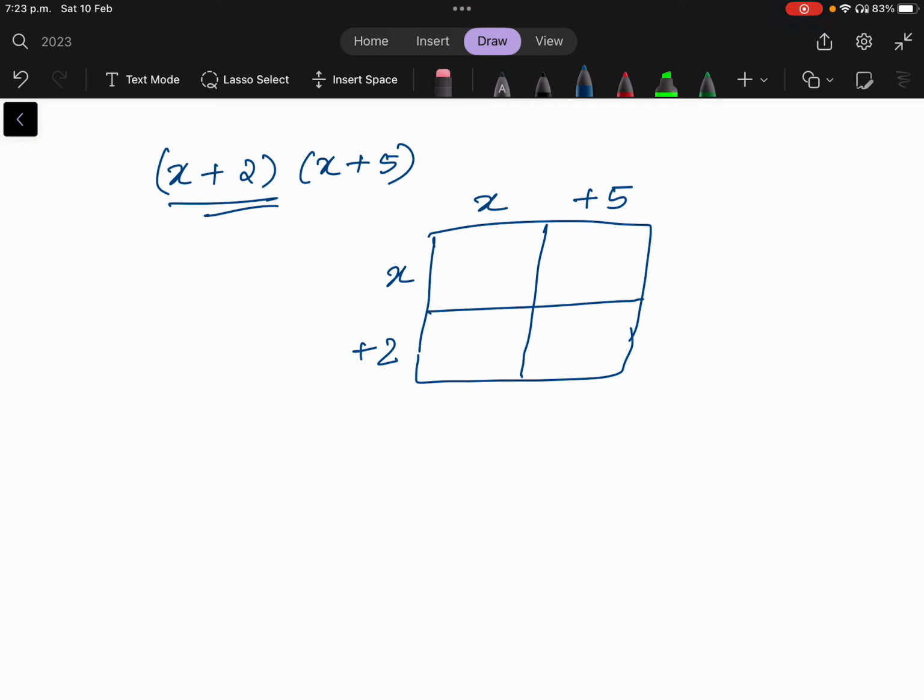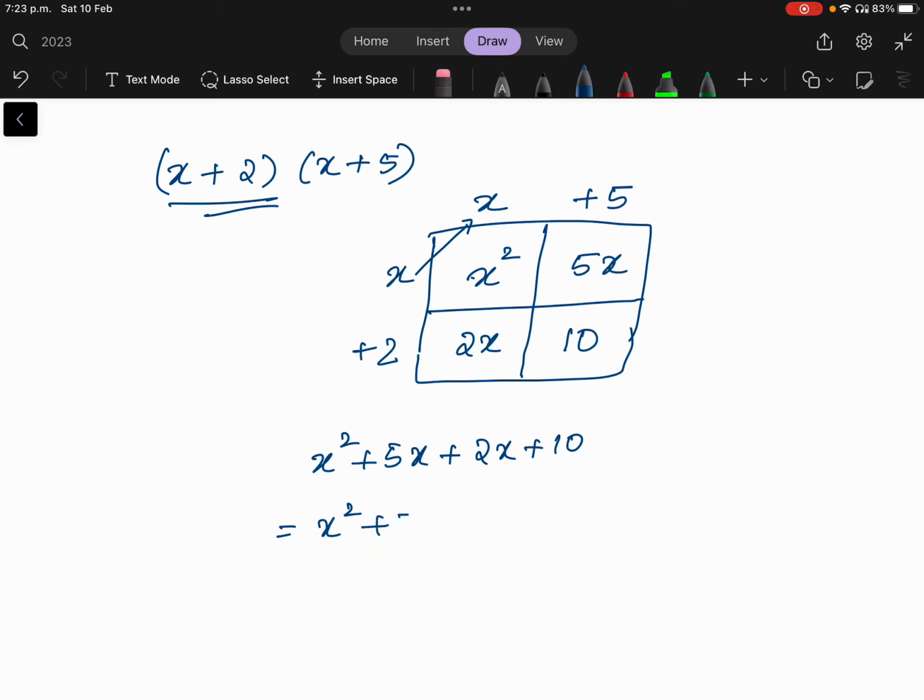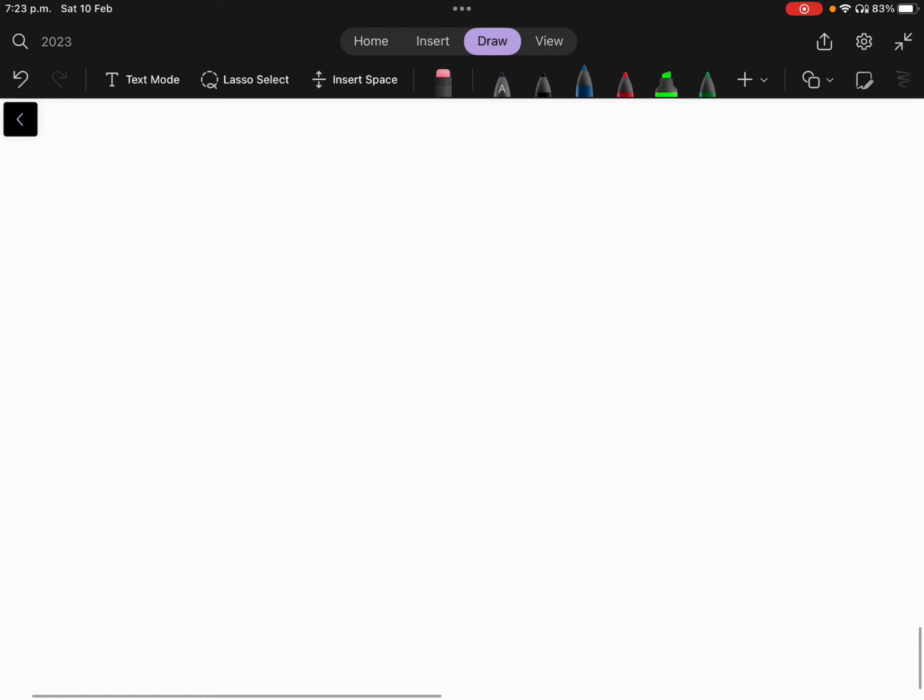Then it is a normal multiplication, so you multiply these two and write it here. So it is like x square, and this will become 5x, and this will become 2x, this will become 10. So you multiply each one and then write it in the corresponding column, and then add it together, x square plus 5x plus 2x plus 10, that's equal to x square plus 7x plus 10. You can use any method, both are equally good.